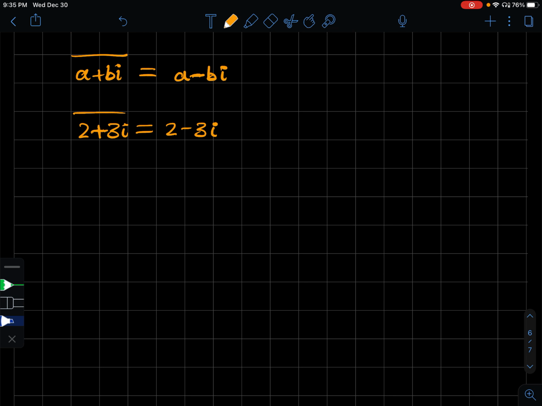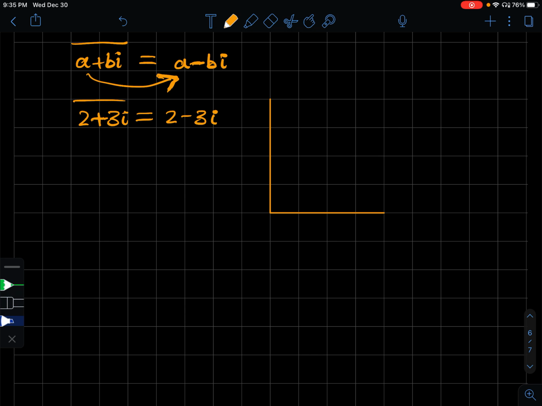Now, similarly, we could say the same for A plus BI, right? Because when we're switching from A plus BI to A minus BI, your A coordinate stays the same, which means, let me draw a mini graph here, your real part is exactly the same and doesn't change.